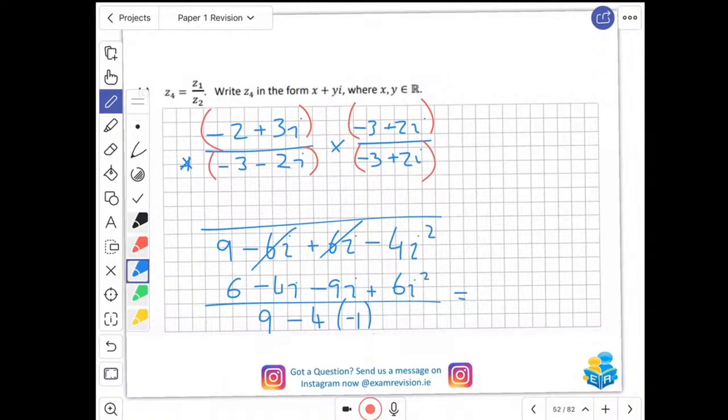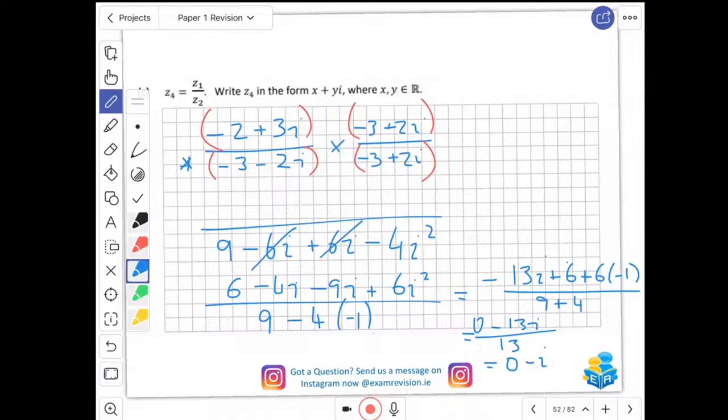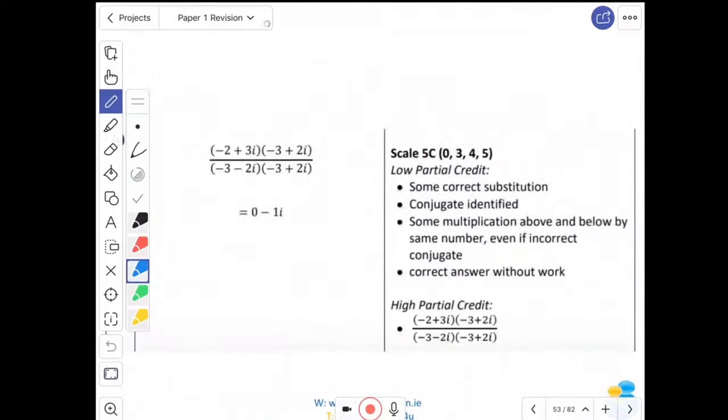So that's going to give me minus 13i, and then plus 6 times minus 1, all over 9 plus 4. That's going to give me minus 13i plus 0 basically. So it's going to be 0 minus 13i all over 13. So that's going to divide in, and we're going to get 0 minus i as your answer. Okay, so that's your complex numbers.